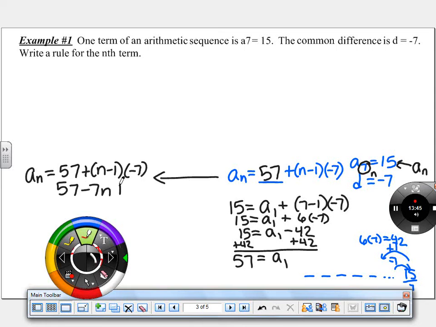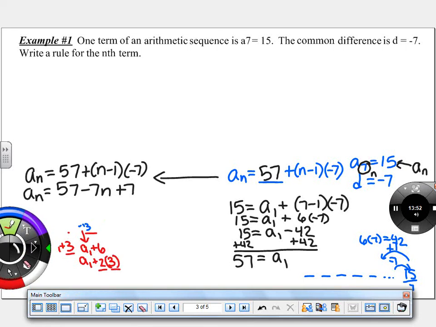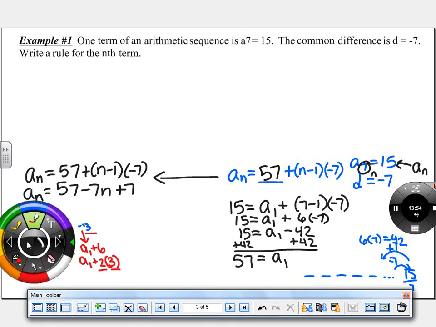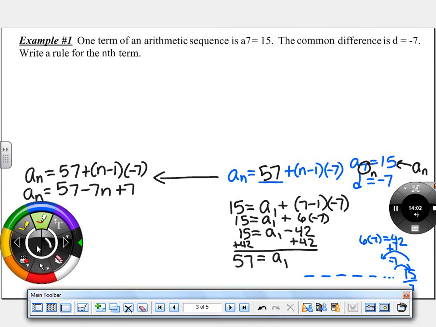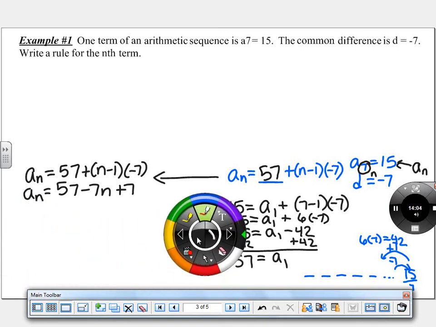Why don't they do a sub 0 so that they can just have n instead of n minus 1? Yeah. In a sequence, specifically, it's thought that the first term is the first term, not the 0th term. But when we start talking about equations of lines, we're going to look at what kind of meaning that 0 term has and how we could use that.